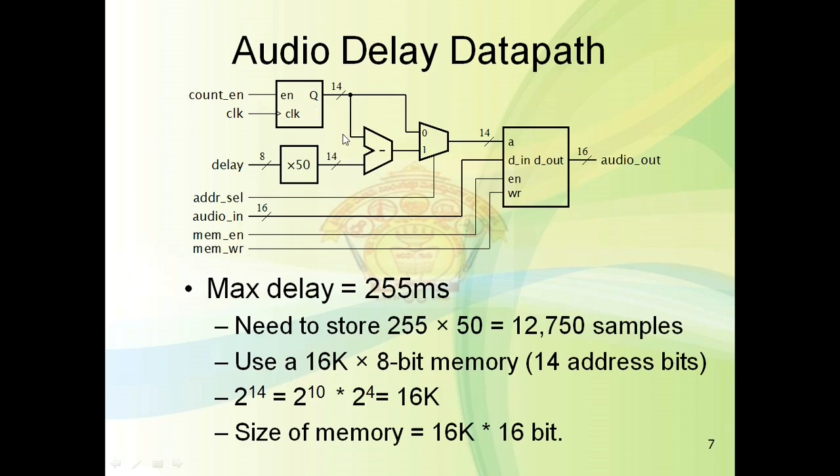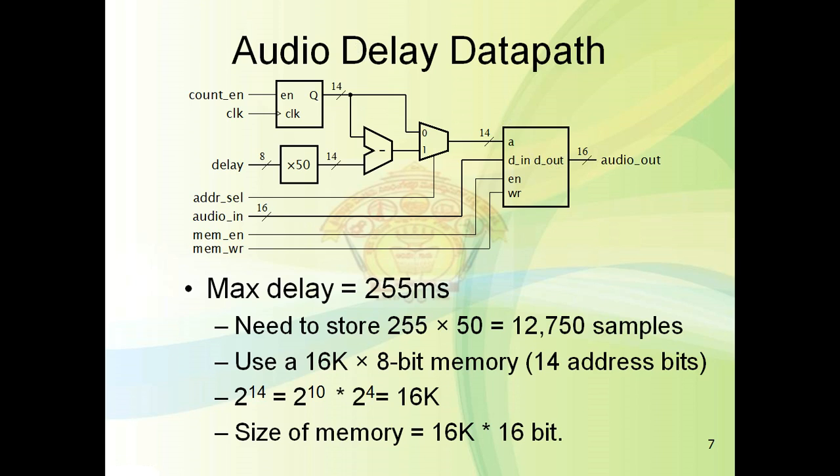Then we require output, since we have to generate the echo effect, so the output will be generated after some time. We have to store the input data into the memory, and after some time we have to reproduce it and give it to the audio system.